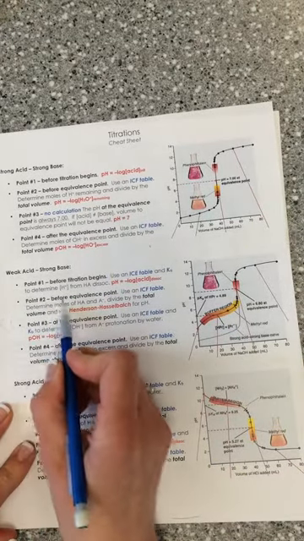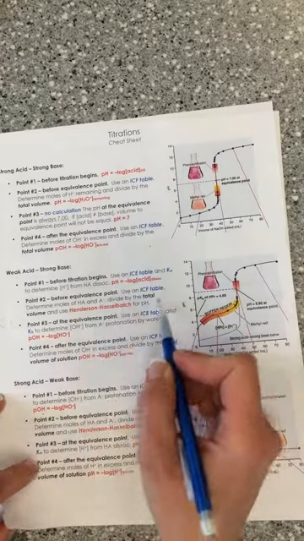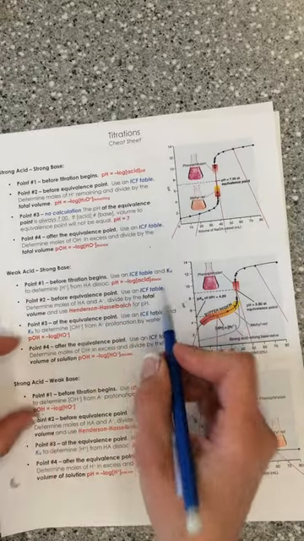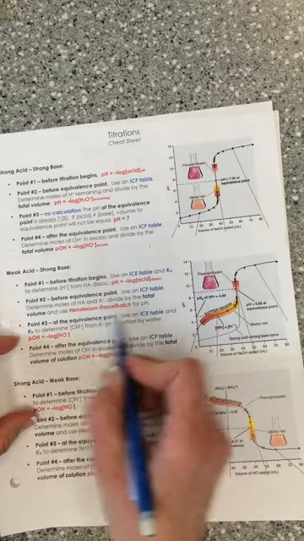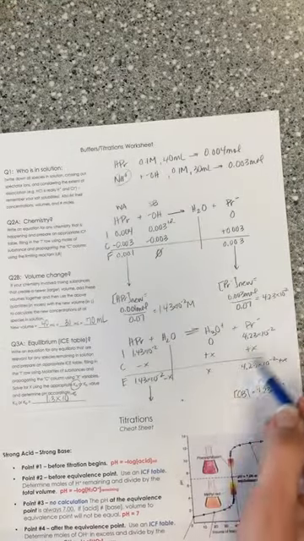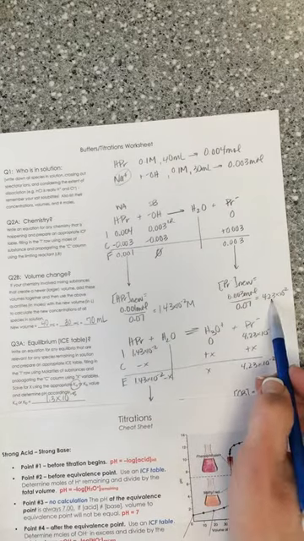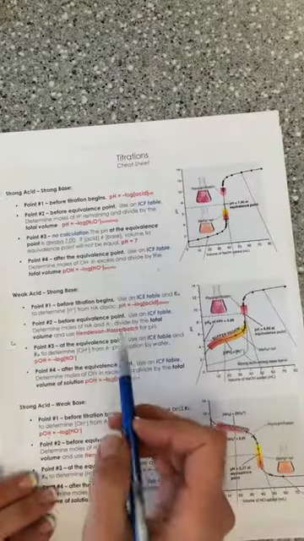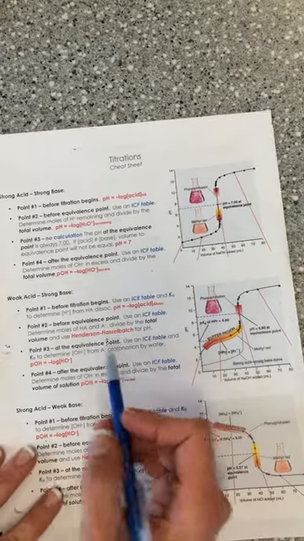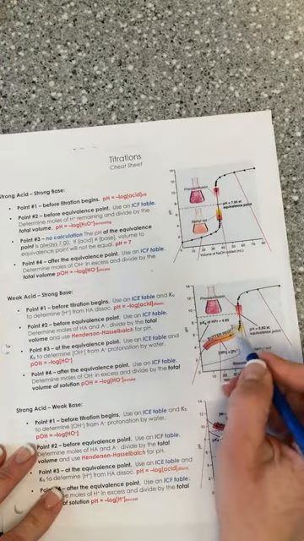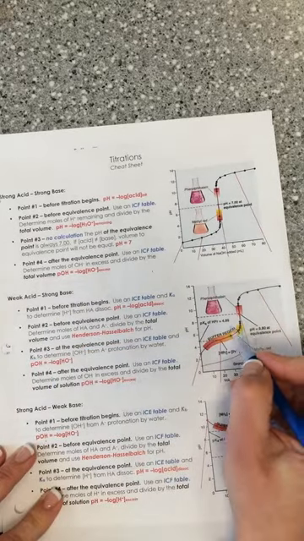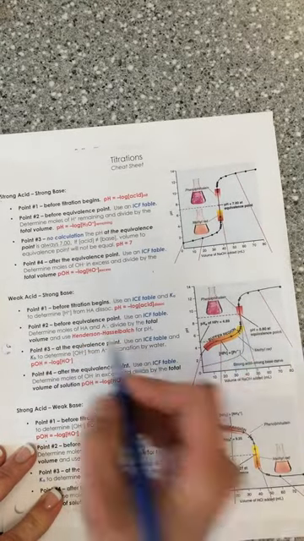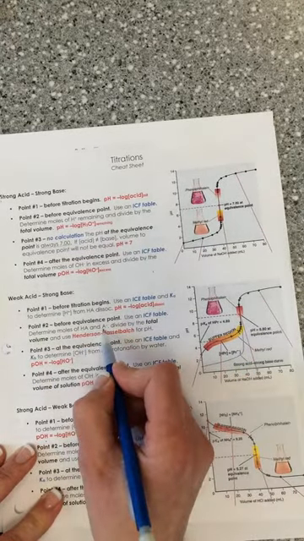Okay, so let's map that onto our cheat sheet here for our weak-strong combination. Again, if we're at point number 2 before the equivalence point, we used an ICF table, and from there we determined the moles of HA and A minus and divided by the total volume to get our new concentrations. So that's what we just talked about here. The suggestion on the cheat sheet, which is truly the shortest way to go about doing this problem, is understanding that before the equivalence point, with a weak-strong combination, we're always going to have a buffered region where we have a weak acid and its conjugate base.